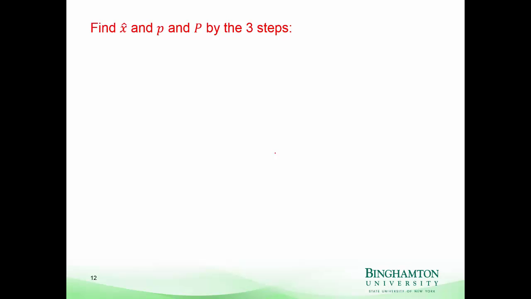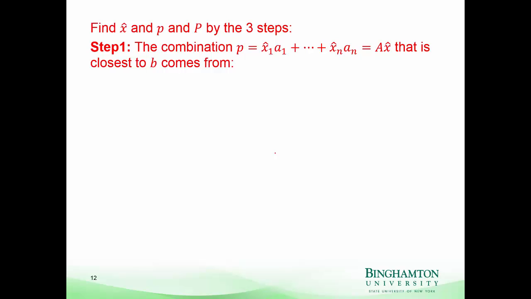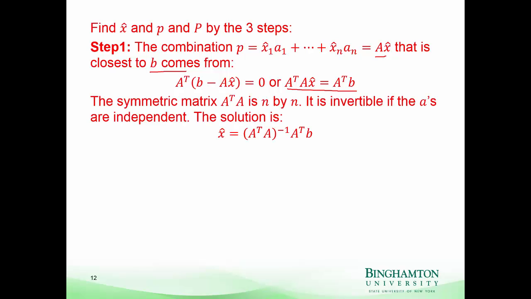So we're going to find the x hat and the p. Here's the 3 steps. So we know that A times x hat is the closest thing to b, and it comes from the normal equations. So that's the key right there. There's our normal equations. Let's solve them. So we will cover the details of this, but for right now we're just going to believe.